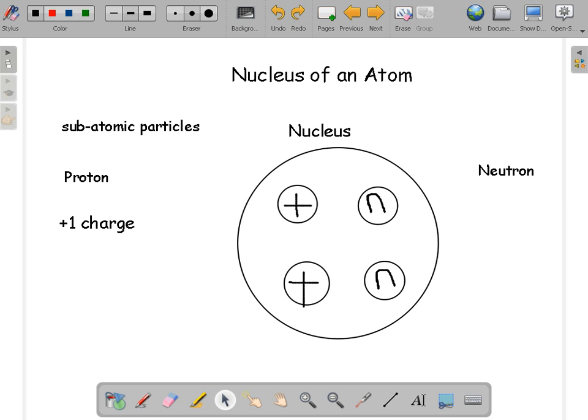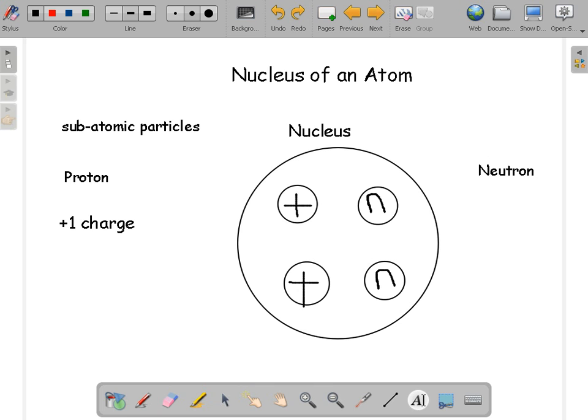There are two main types of charges: one is plus and the other is minus. If you have two of the same type of charge, two pluses or two negatives, they will repel each other. But if you have two opposite charges, they will attract each other. So within the nucleus you have these protons which have positive charge, and each proton has a +1 charge.